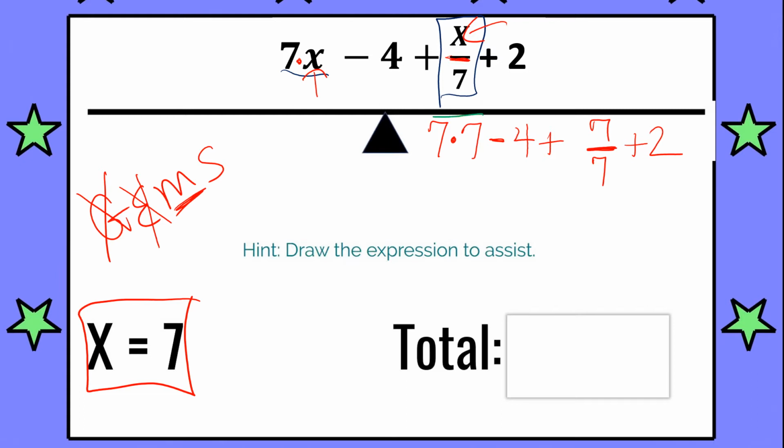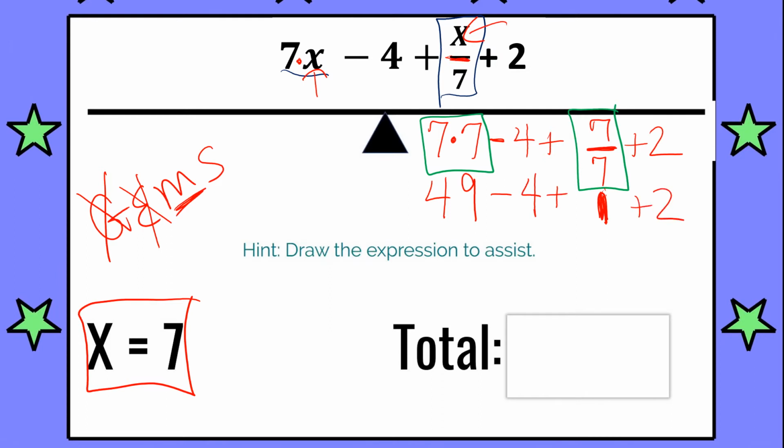So right here, change the 7 times 7 to its answer. That is 49. Then right here, change the 7 divided by 7 to its answer, which is 1. Now copy everything else down. I have minus 4, then a plus sign there, and then at the end I have plus 2.